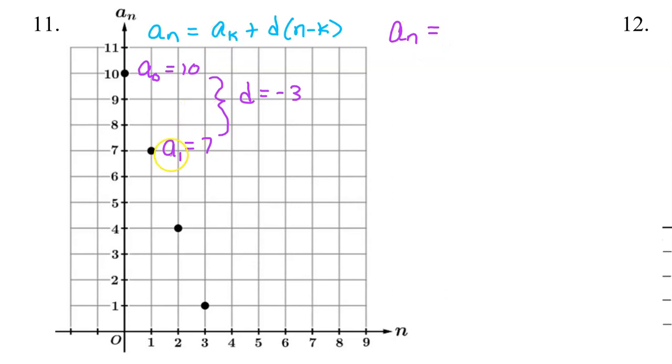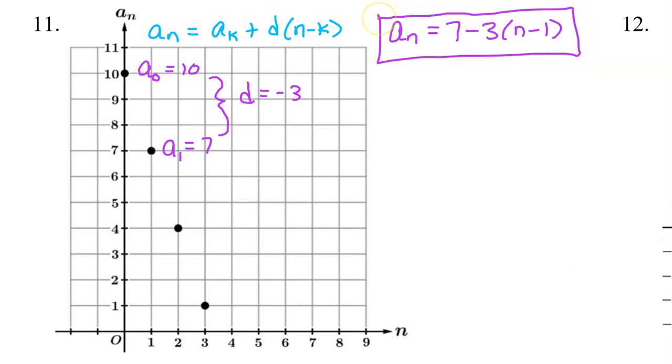For ak, I'm going to use a1. So I'm going to put the 7, but remember the k is 1. Plus the common difference of negative 3, so actually I will just put minus 3. And then comes the n minus k, and again that k is 1, so n minus 1.